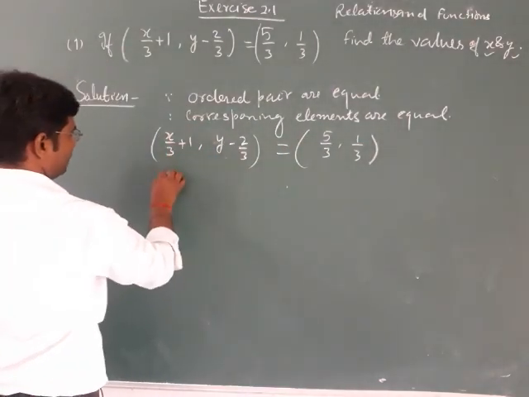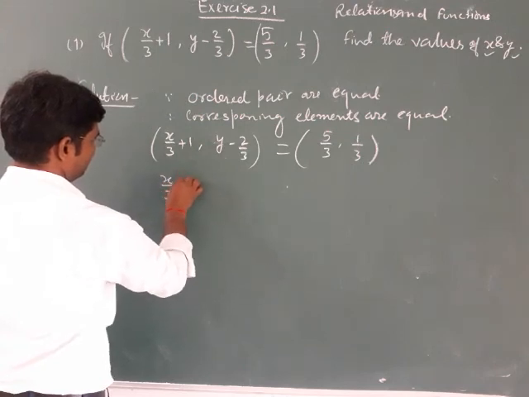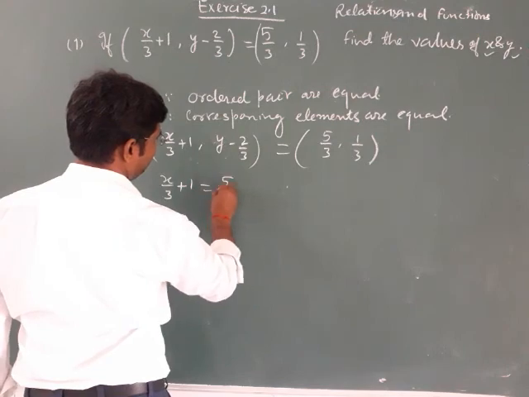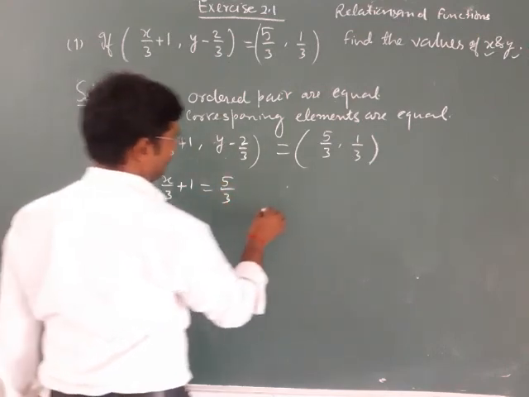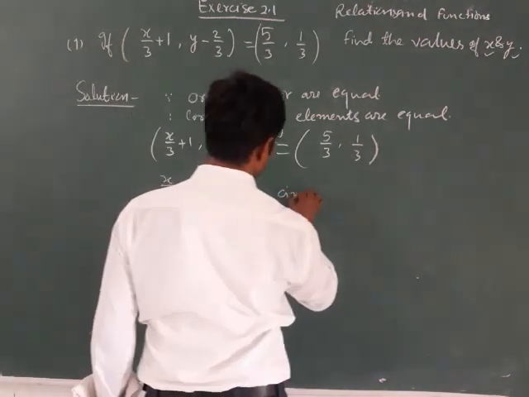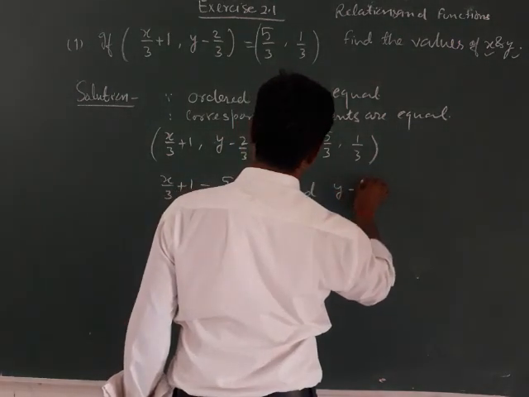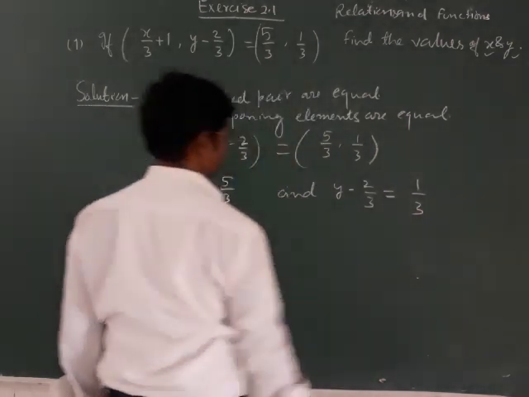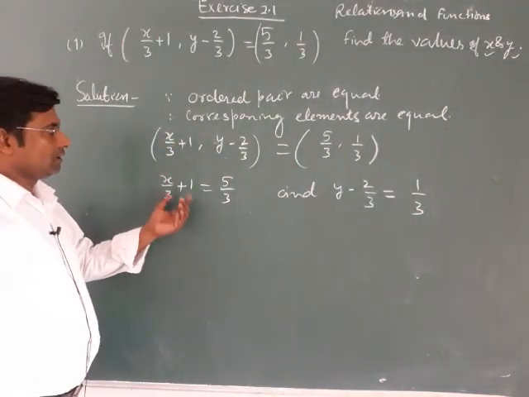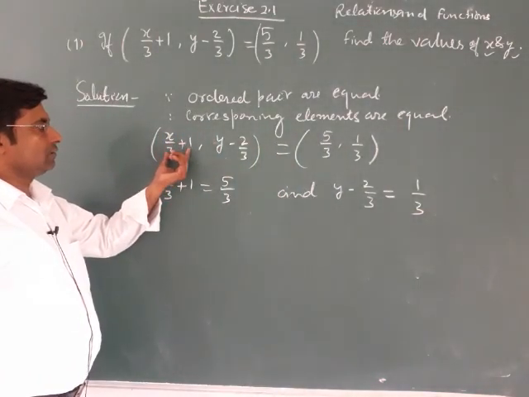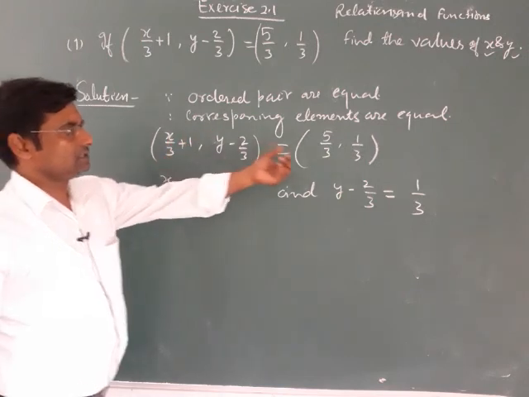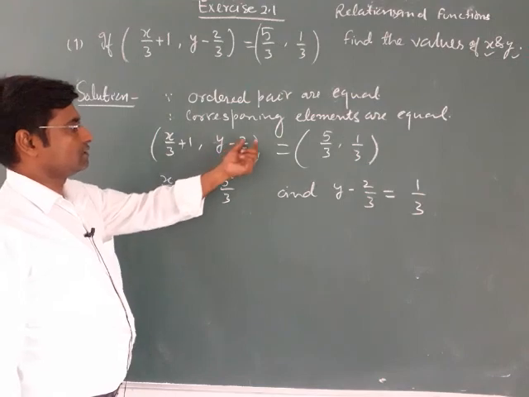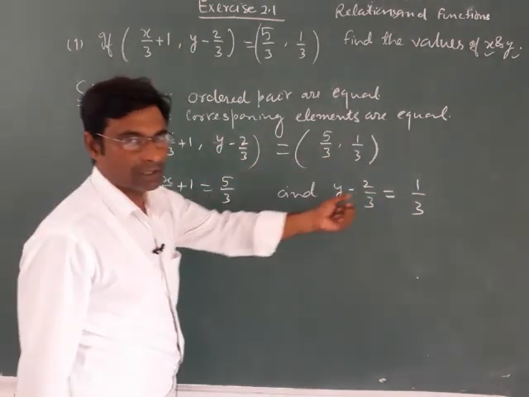According to this, x/3 + 1 is equal to 5/3, and also (y - 2)/3 is equal to 1/3. Taking corresponding elements as equal.